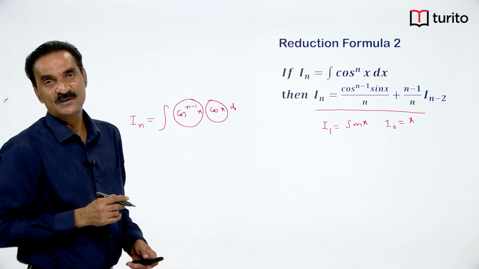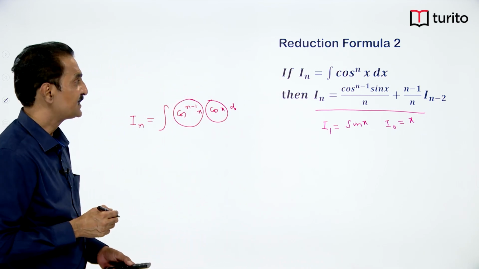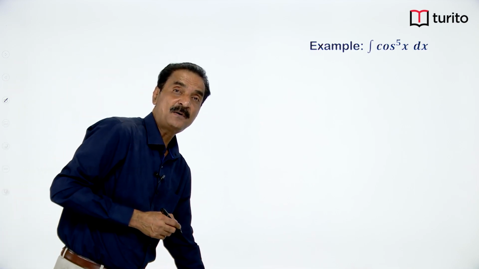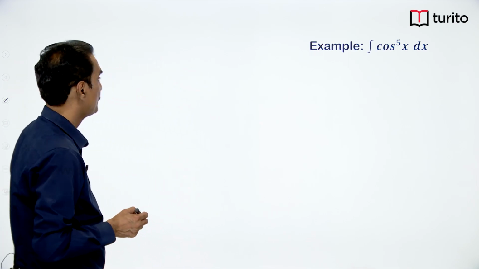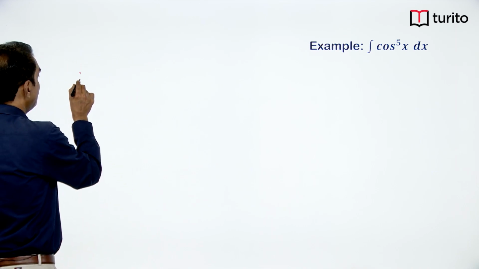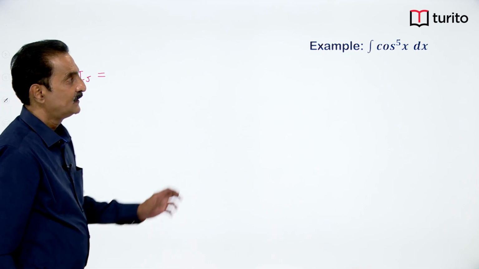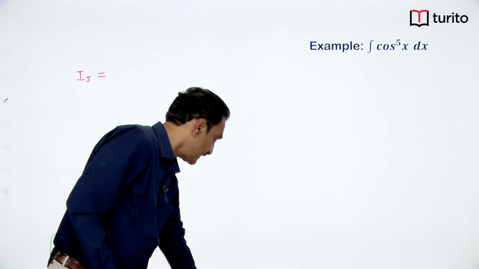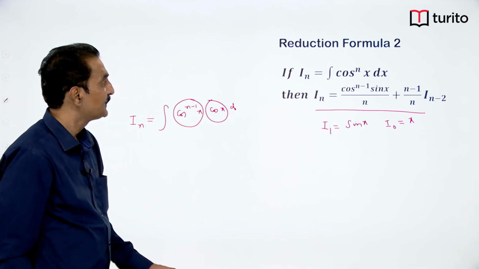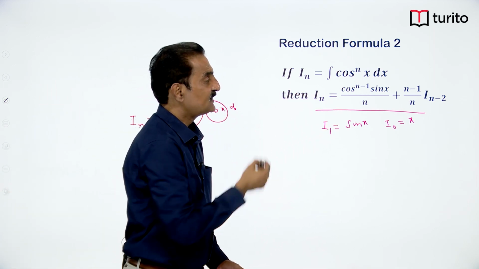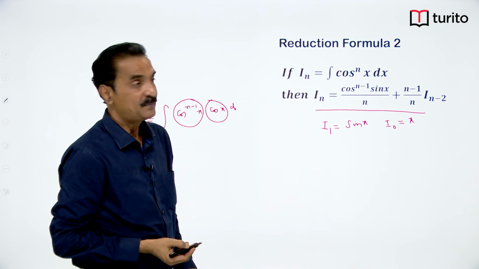Now, let us directly solve one question on this reduction formula. Integral cos power 5x dx, it is I5. Apply the formula. What is the formula? Cos power n minus 1x sin x by n plus n minus 1 by n into In minus 2.